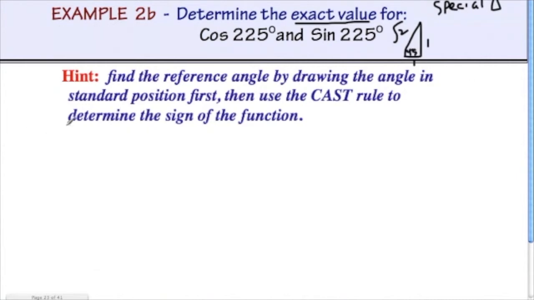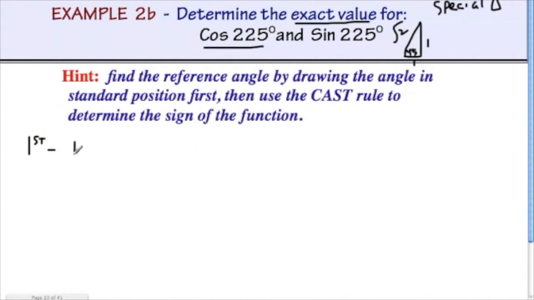Now, the first thing we need to do is draw this out and find where it's going to be. This is basically the steps you're going to follow for quite a few problems.